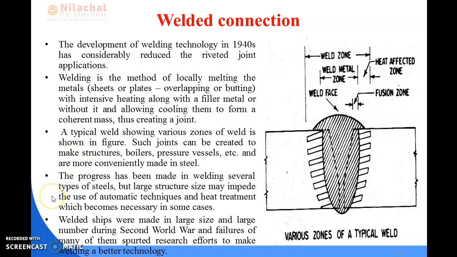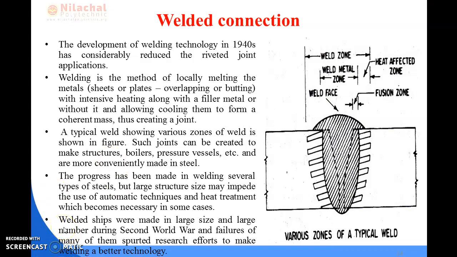Then come to another point, which is that progress has been made in welding several types of steels, but large structure size may impede the use of automatic techniques and heat treatment, which becomes necessary in some cases.